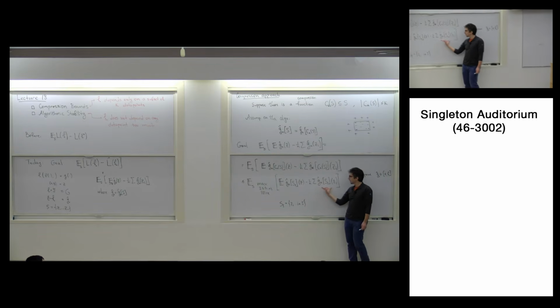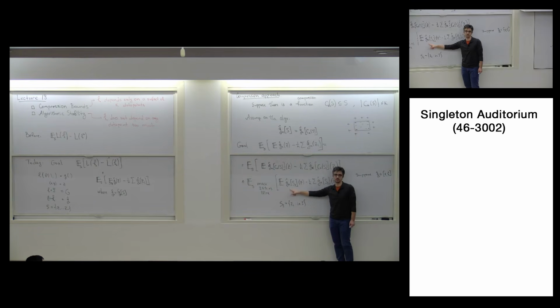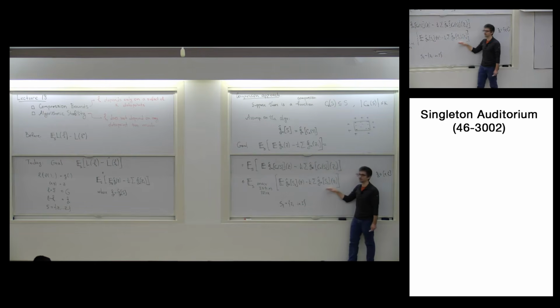So there are k elements that are indeed in Si, and I don't know what to do with them. So what I'm going to do is replace them with fresh samples. In that case, this is really an unbiased estimate of that. In expectation, this is equal to that, and that's the average of independent terms.